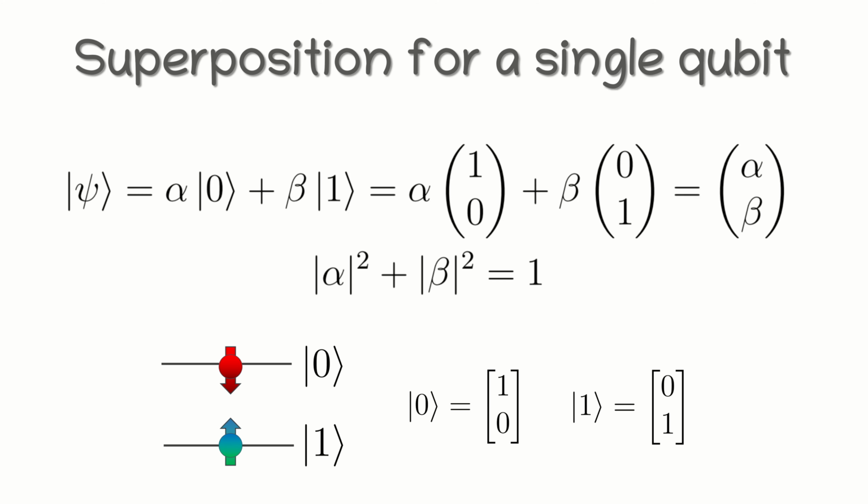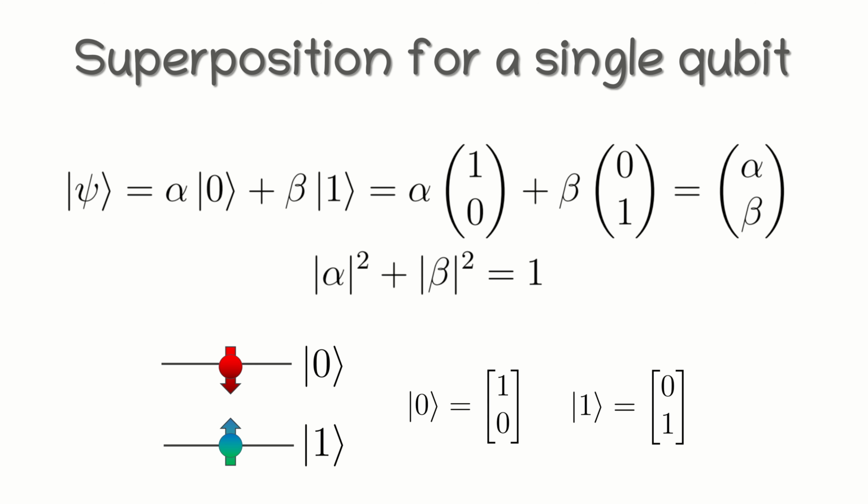Superposition is a fundamental property of qubits that makes them different from classical bits. While a classical bit can be in a state 0 or 1, a quantum bit can take any possible value between 0 and 1. In other words, a single qubit can exist in a linear combination of both basis states.